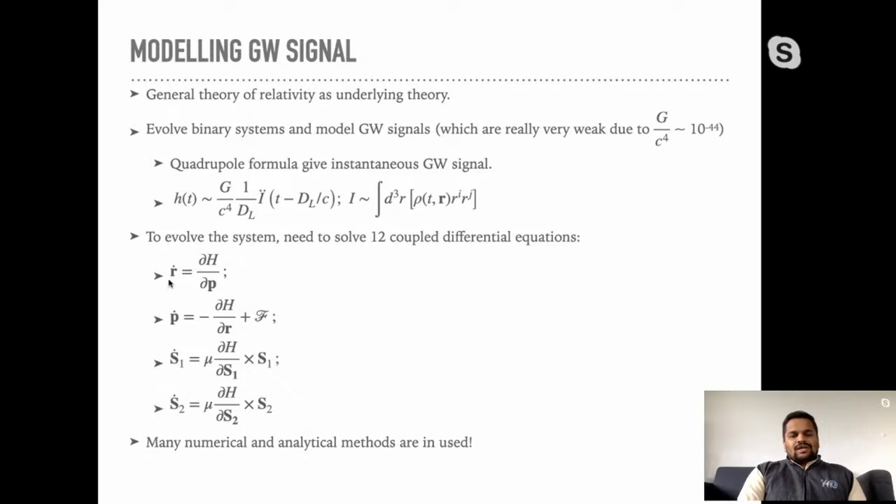R denotes the evolution of the actual black holes in center of mass units. Then P is momentum, which is mv. So you can see this is how their position changes, how their velocity changes, and this is how their spins change. So spins also undergo changes, and we model it in many different ways.